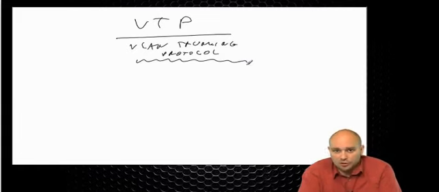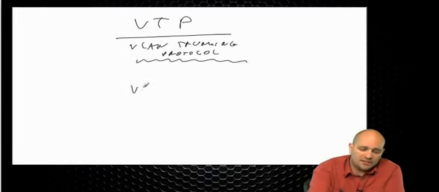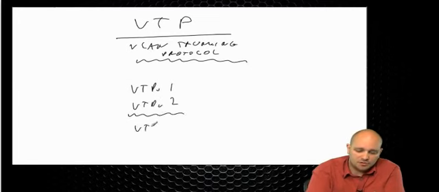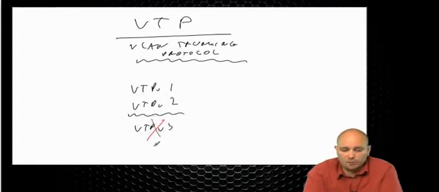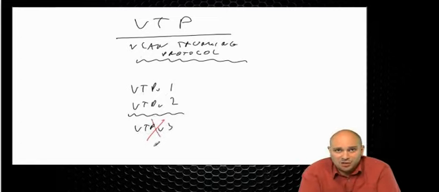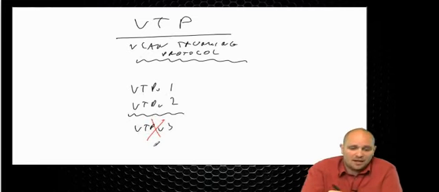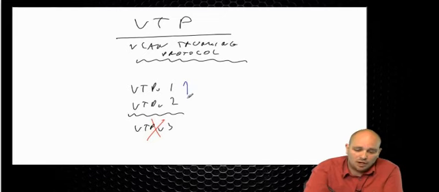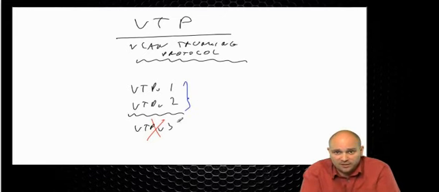As far as you are concerned for the lab exam as it is right now, you care only about VTP version 1 and VTP version 2. There is also a VTP version 3, which is not supported on the equipment that you will have in the lab. Actually, it's supported by the equipment, it's just not supported by the version of the IOS that you will have in the lab. So the only thing that we care about are VTP 1 and VTP 2.